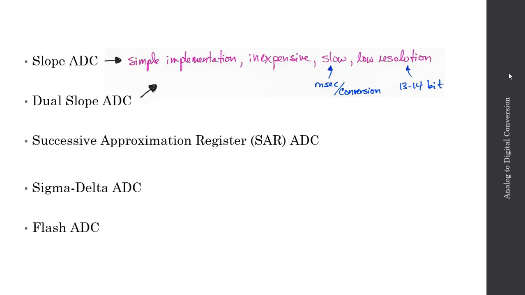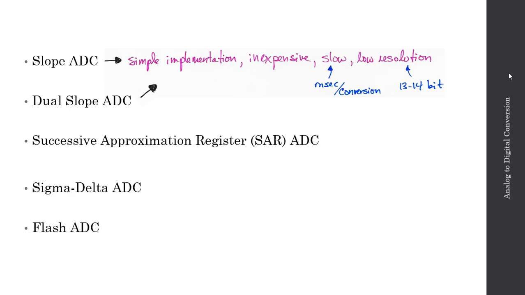You can actually build these out of discrete components. So as a result, they tend to be inexpensive. However, they are slow. You'll find that a conversion for a code requires something on the order of milliseconds. And they're typically low resolution. A typical slope ADC is on the order of 6 to 8 bits.